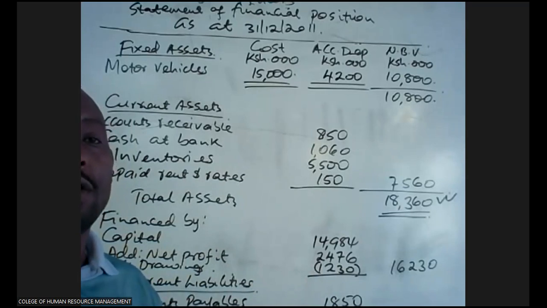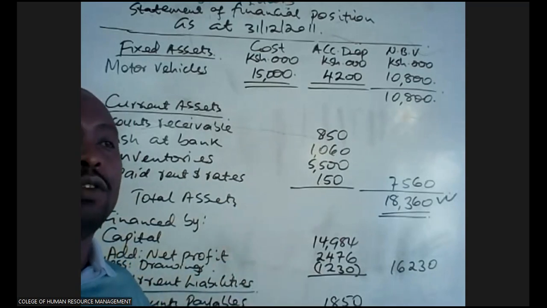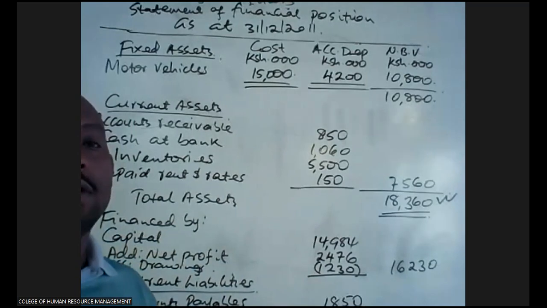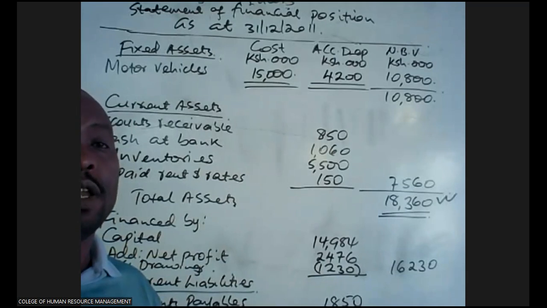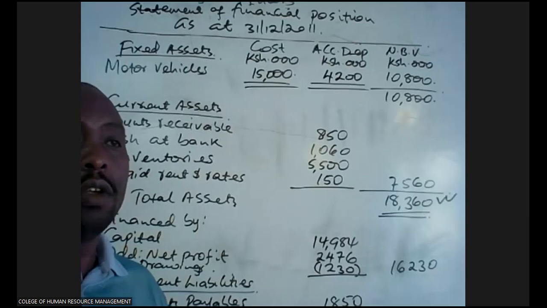Then from there, we shall go to the financial statements of a company. We still follow the same format, but we have some few additions. The company must pay the taxes, so we need to deduct the taxes. They pay the dividends, we need to capture that. And then we finish with the financial statements for non-profit making organizations.